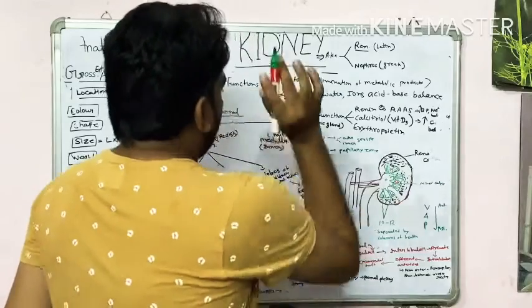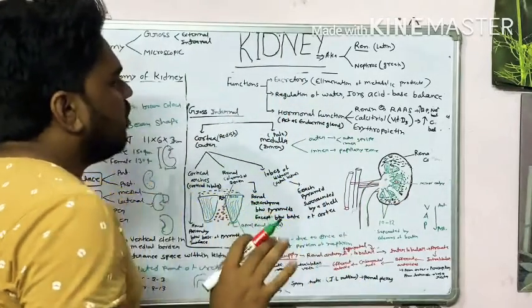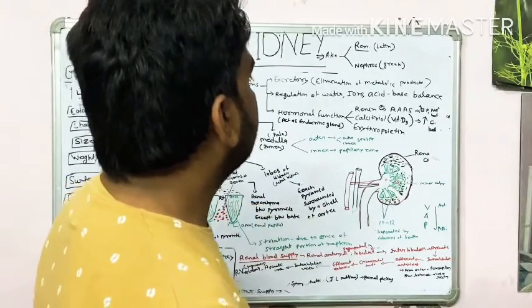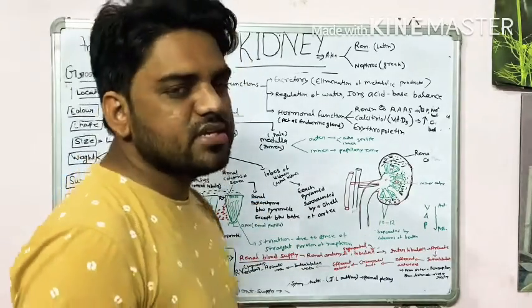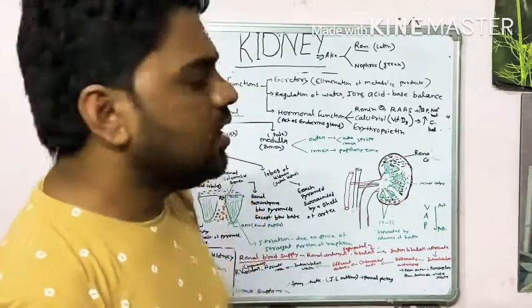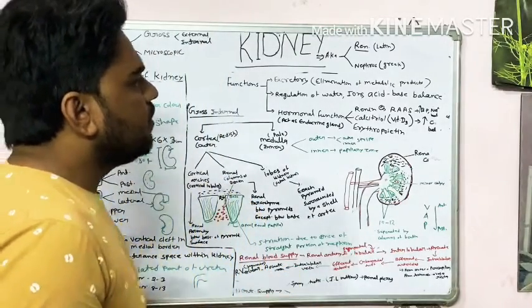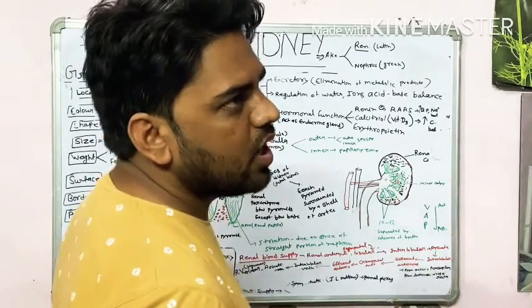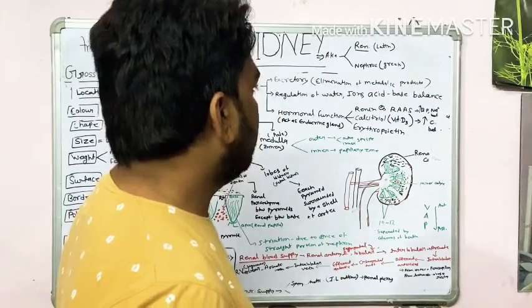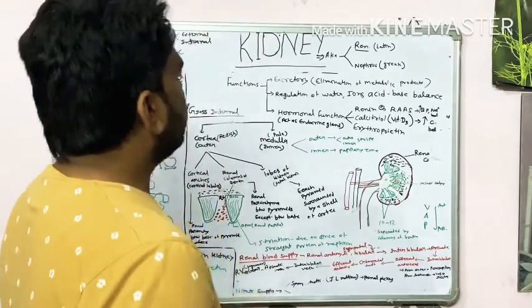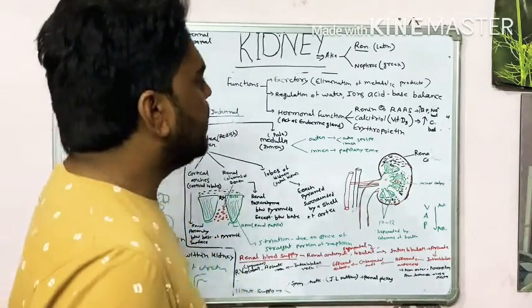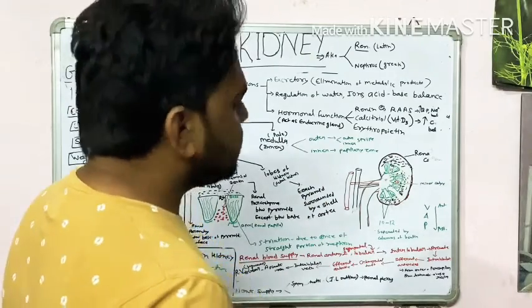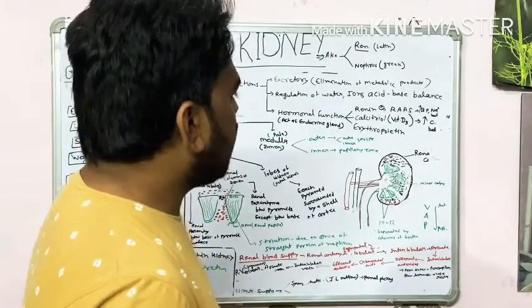Functions of the kidney. First is the excretory function, that means elimination of metabolic waste products. In metabolism, nitrogenous waste products like urea and uric acid should be eliminated from the body, otherwise they can have a toxic effect.